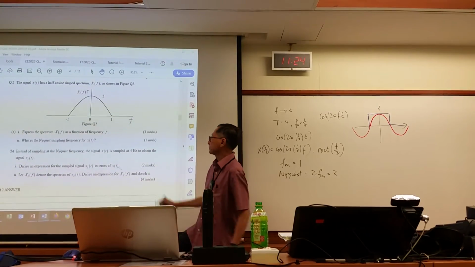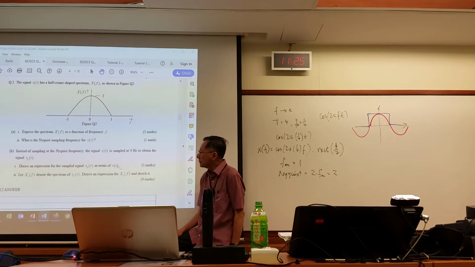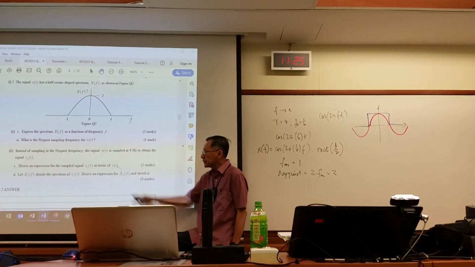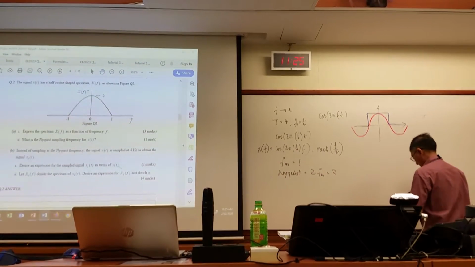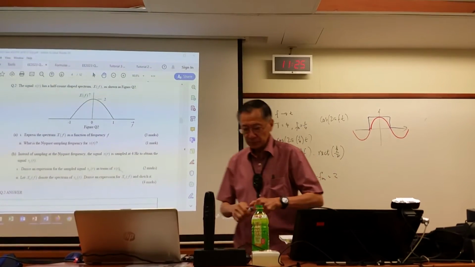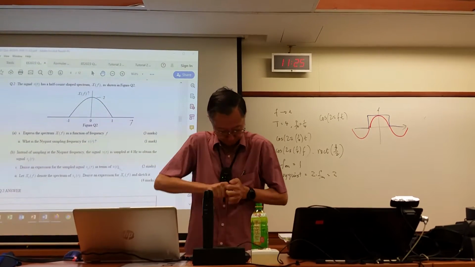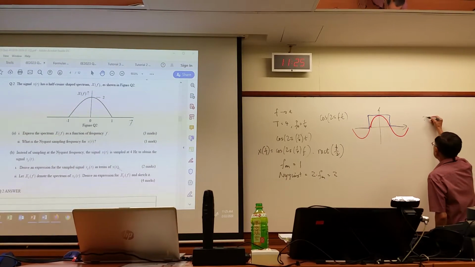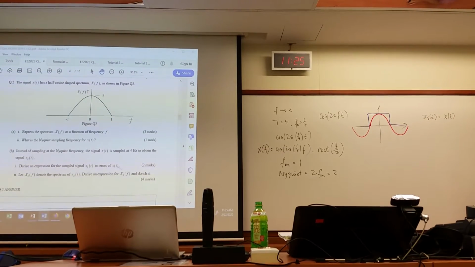Okay? Next. Instead of sampling at the Nyquist, the signal is sampled at 4 Hz to obtain x_s. Derive an expression for x_s in terms of x. So now we have x_s is x(t) sampled at 4 Hz, right?